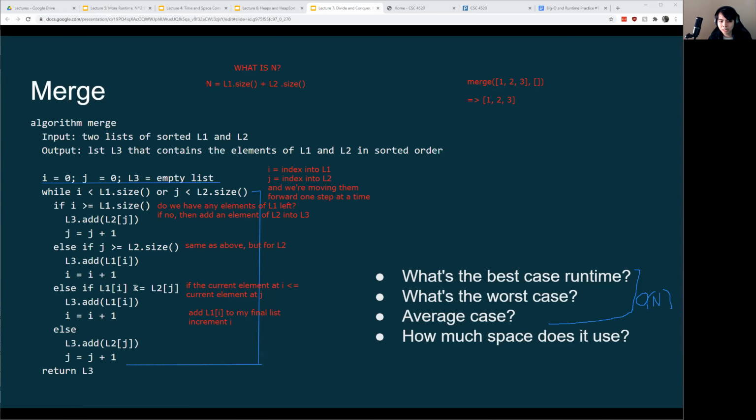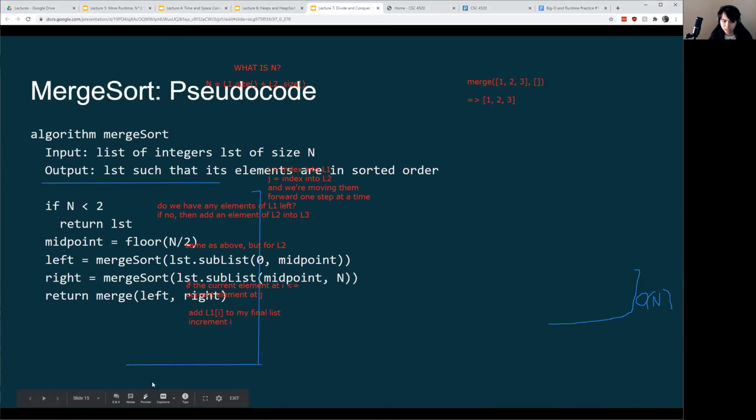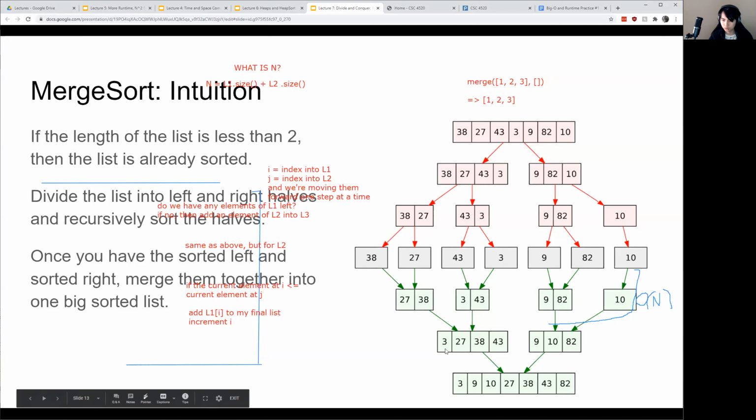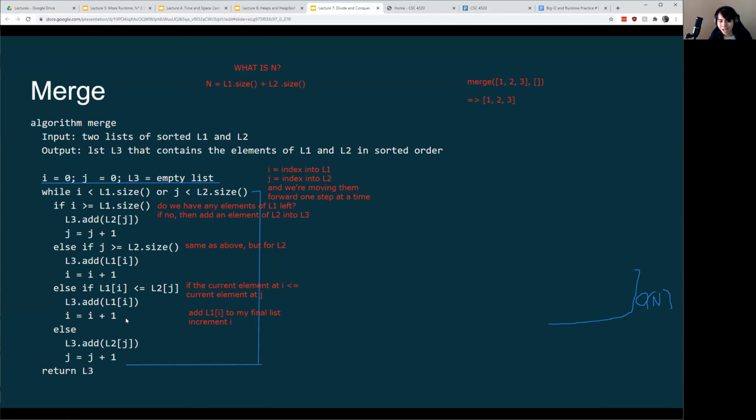So if the current element needs to be brought down, which is what we were doing in the previous example, right? If you remember from the last example, we compared two elements, 3 and 9. We decided that 3 was the one that needed to be brought down. So we brought 3 down, and then we said, okay, now we look at 27 and 9. The way we moved from 3 to 27 was by incrementing the I.